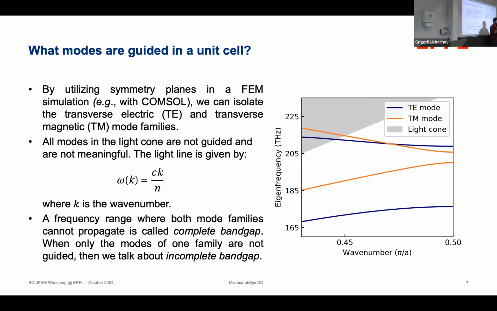So it's not a perfect band gap. In the TE mode family, it's really a band gap. When one mode family can propagate and the other one cannot, we call this an incomplete band gap. What you will see here is that this narrow region is a complete band gap, because in here there are really no modes allowed.